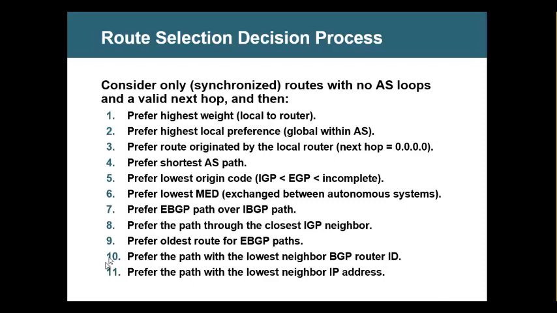Let me draw. This is a router. It shows next hop as A, next hop as B, in order to reach someone on the internet.